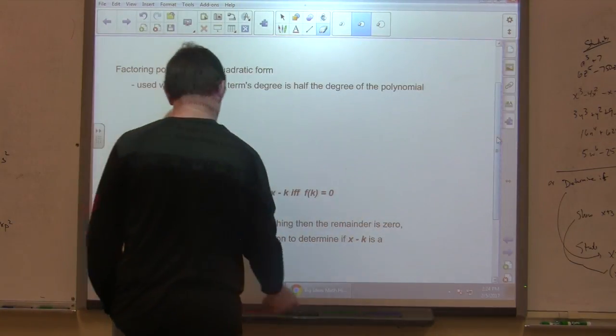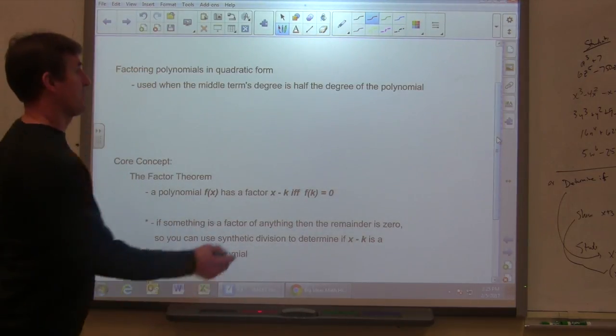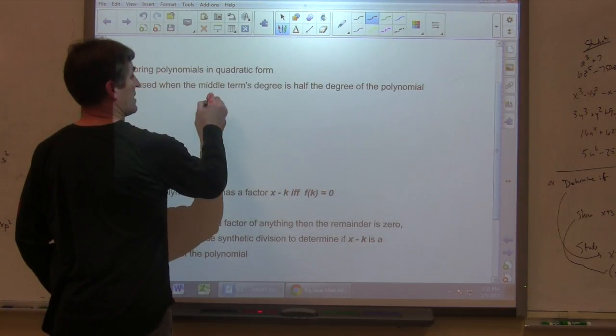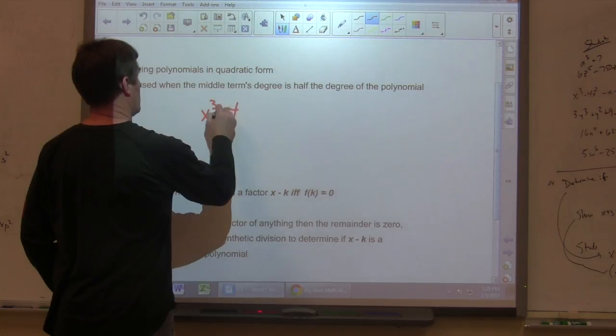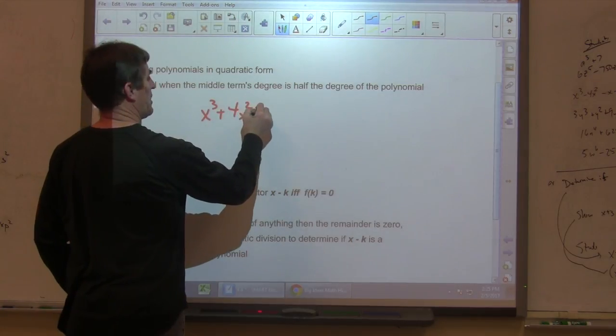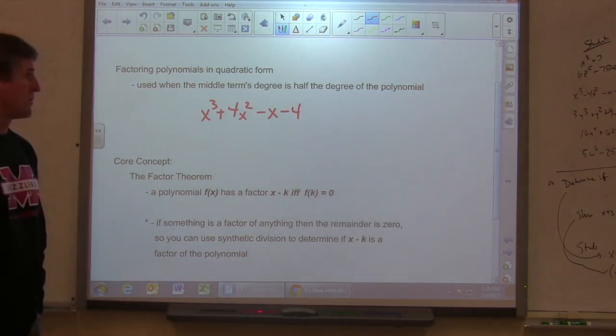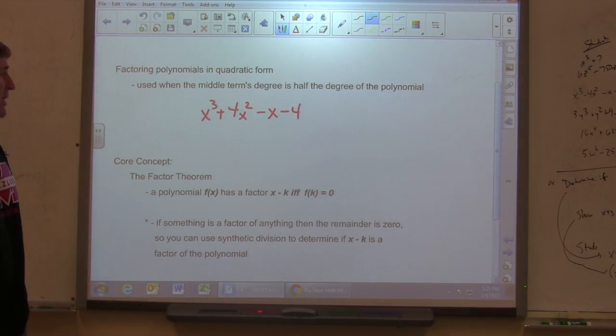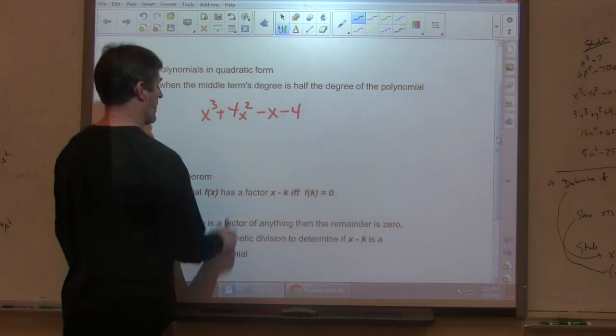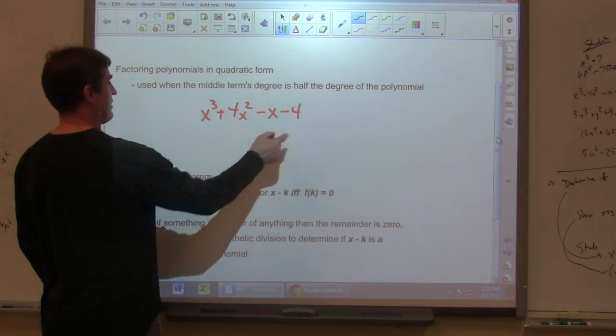Next, I'd like you to try this one. X cubed plus 4x squared minus x minus 4. Again, pause the video, try it, come back and check it. This is one where we have more than 3 terms, so we want to group it.